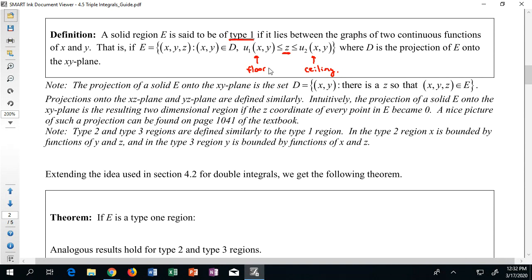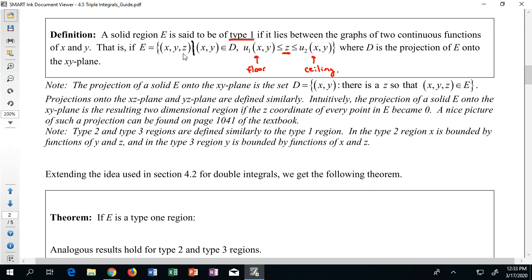This idea of D being a projection of E into the XY plane is a little bit complicated, but we can take this sentence here and read it all the way through. We say that E is a collection of all the points x, y, z such that my x and y's come out of that floor.